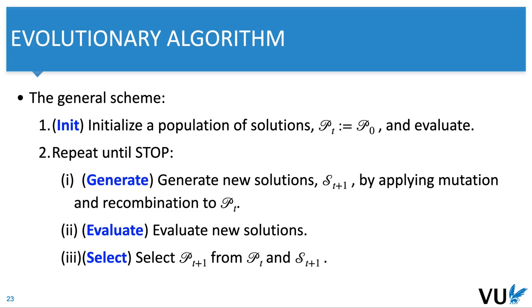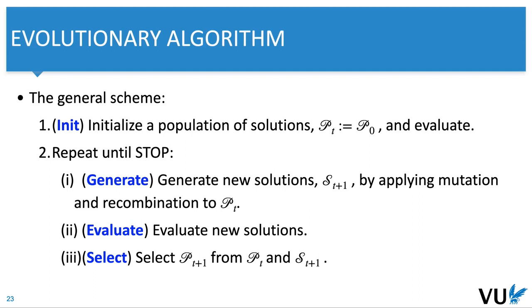And in general, as a whole, an evolutionary algorithm could be represented as follows. If you go back, maybe afterwards, to the slide with the population-based method, you will see that this is basically the same, but the evolutionary algorithm is more specific. So we initialize a population, we evaluate it, then we generate new solutions by applying two specific evolutionary operators: mutation and recombination, all right?